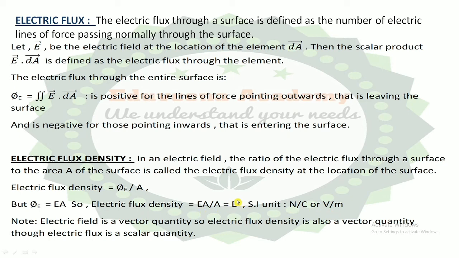As electric field is a vector quantity, electric flux density is also a vector quantity. But the electric flux is the scalar dot product of E dot dA, so it is a scalar quantity. This has to be kept in mind: electric field is a vector quantity, so electric flux density is also a vector quantity, though the electric flux is a scalar quantity. Okay.